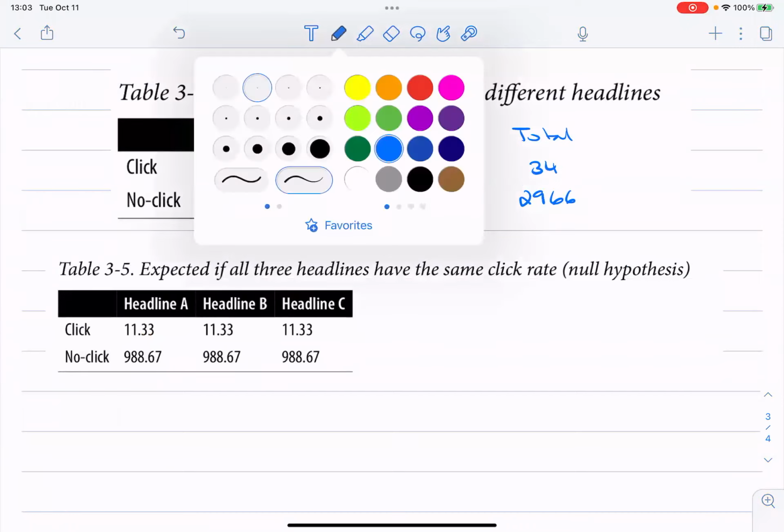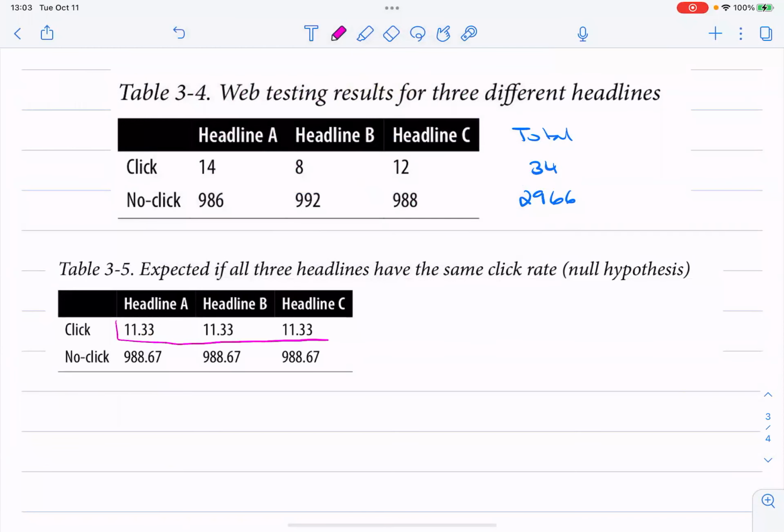So that's where these expected values came from. We expect 34 divided by 3, which is 11.33 repeating, for each headline.